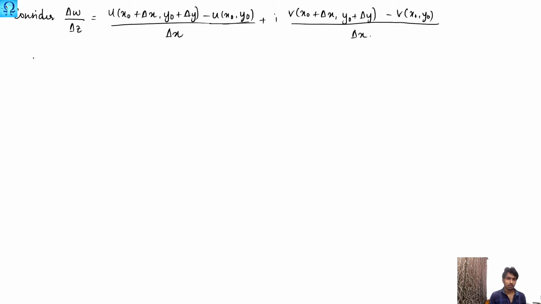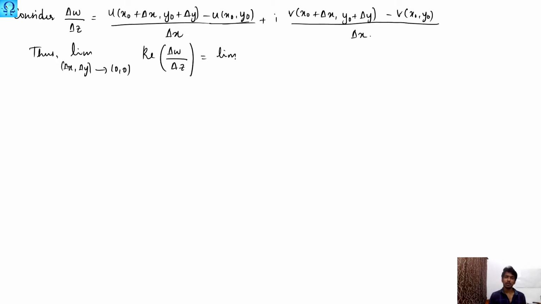Thus the limit as delta x, delta y approaches 0, 0 of the real part of delta w upon delta z happens to be simply the limit as delta x approaches to 0.